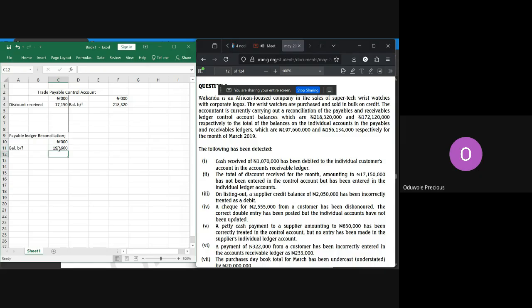Okay. So moving on, we want to correct this. Now I'll give you the logic to correct it. Correction of the wrong debit entry, right?